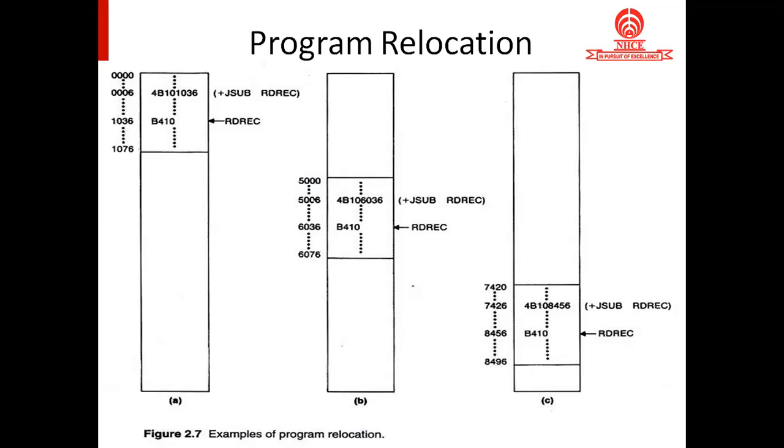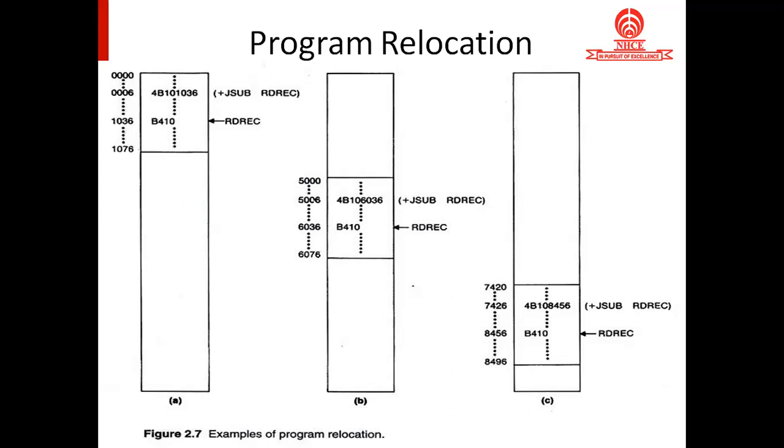Now moving on to diagram B, suppose the starting address of the program is 5000 instead of 0. What happens to the RDREC? RDREC will be at location 6036. So the address of the RDREC, we got as 6036. When the starting address was 0, RDREC was defined at location 1036.